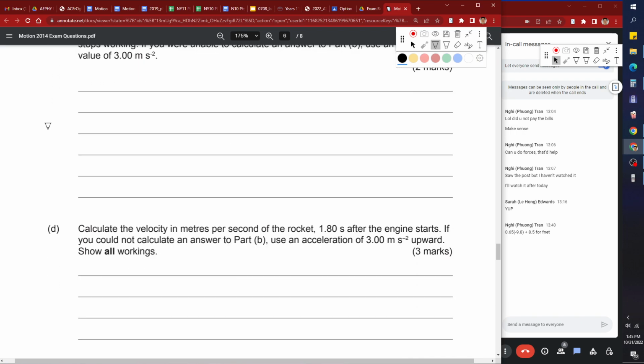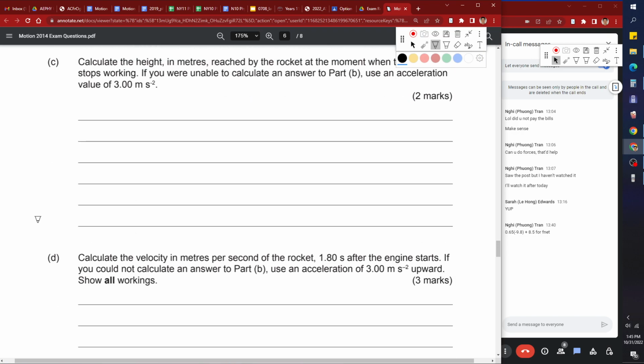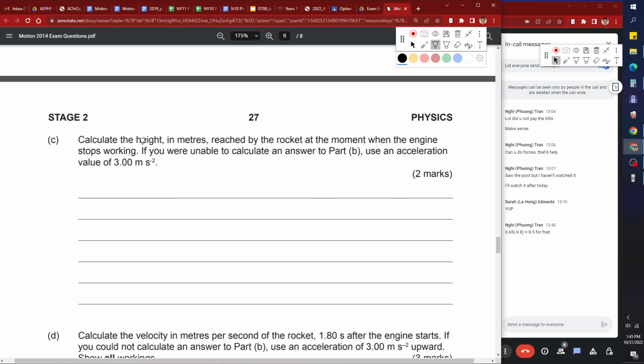This question is part C, D, and E. Okay, so it says calculate the height in meters reached by the rocket the moment when the engine stops working. So we know the net acceleration, so we don't have to worry about gravity now. It's 3.28 meters per second squared up.